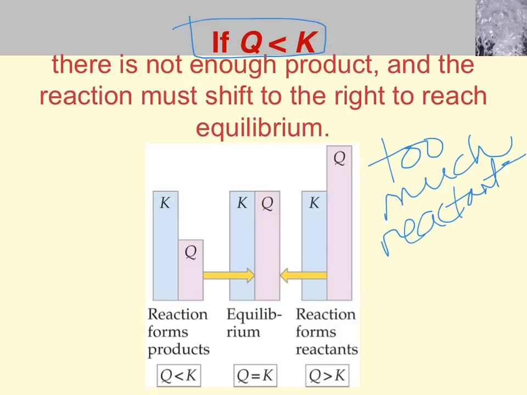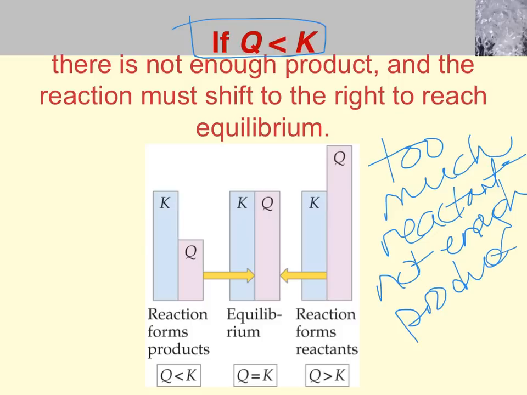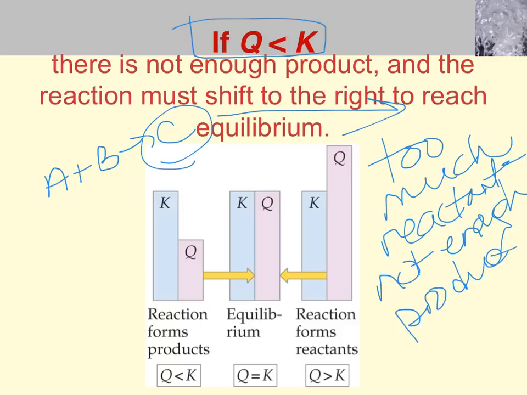Too much reactant is the same thing as saying not enough product. All right? And that means if you don't have enough product, the reaction must shift to the right and make more product. So if you have your little reaction here and you don't have enough product, we say the reaction must shift to the right to reach equilibrium.